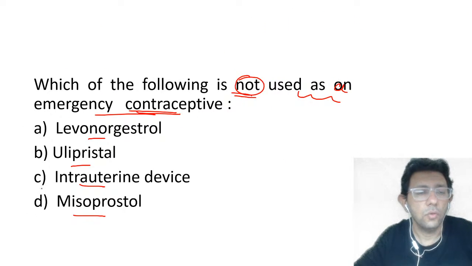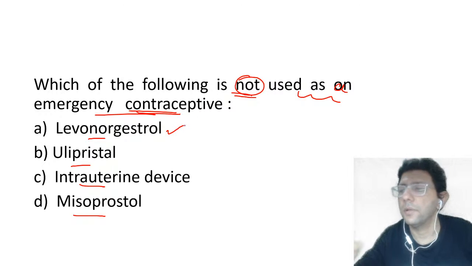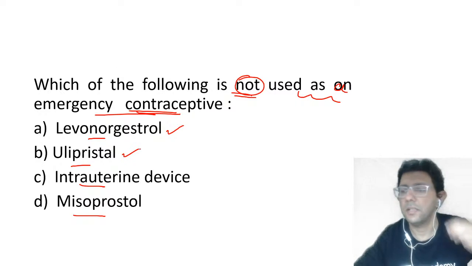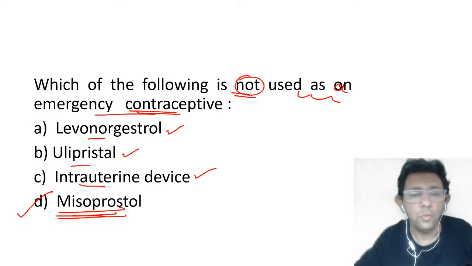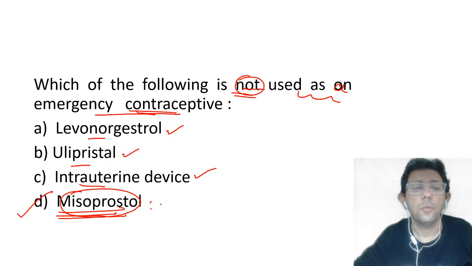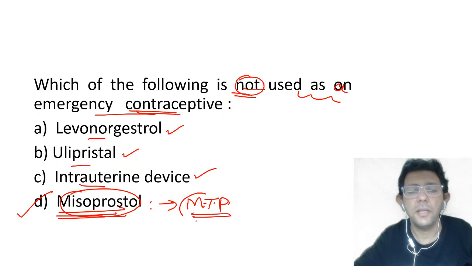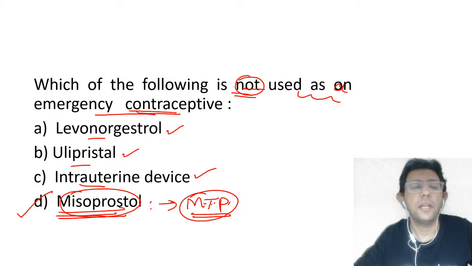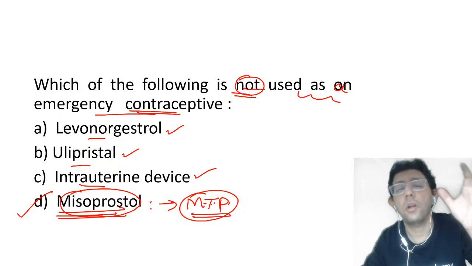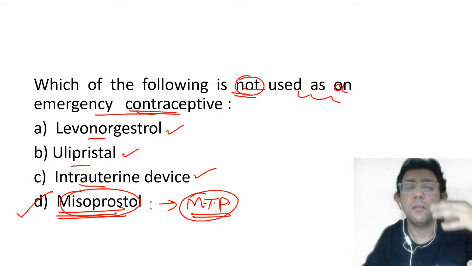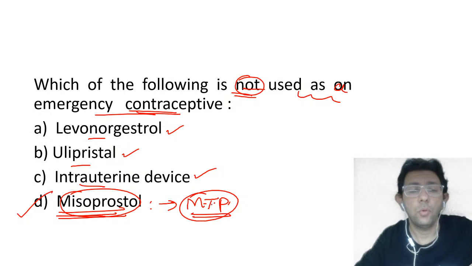So the answer here: LNG acts as emergency contraception, ulipristal acts as emergency contraception, IUCD yes. The answer is misoprostol. Please understand, where do I use misoprostol? Misoprostol is used for MTP, medical termination of pregnancy, and that is not emergency contraception. When contraception fails and the patient lands up with pregnancy, then I might have to go for MTP.